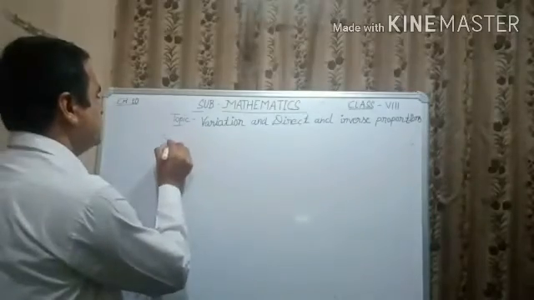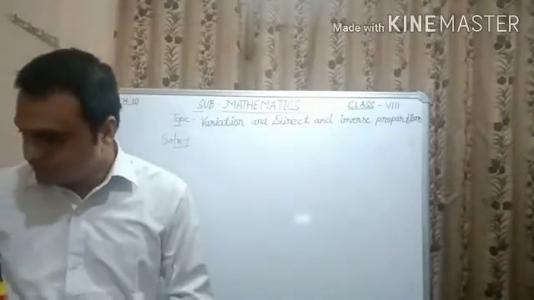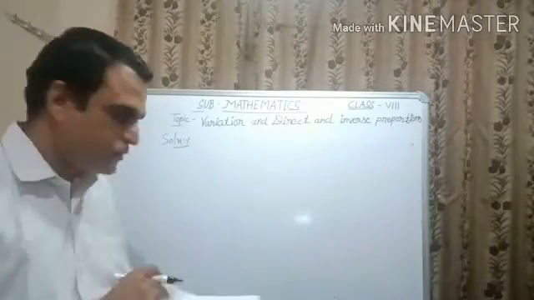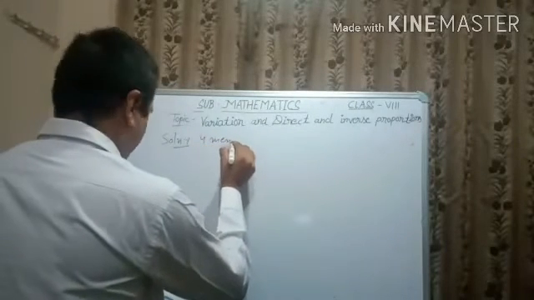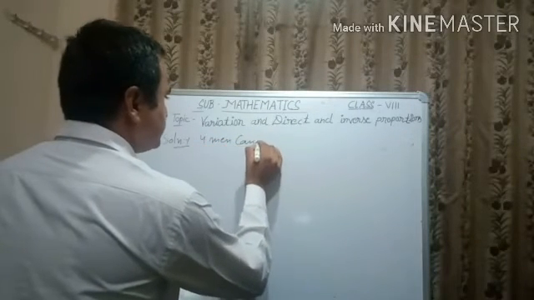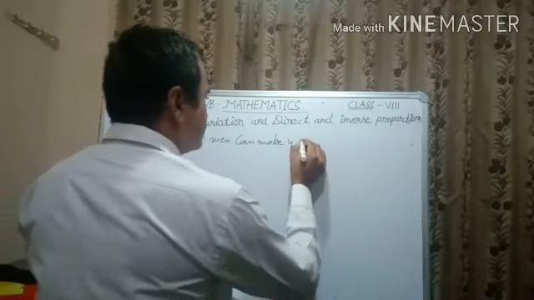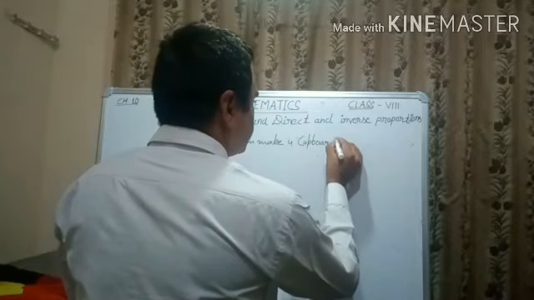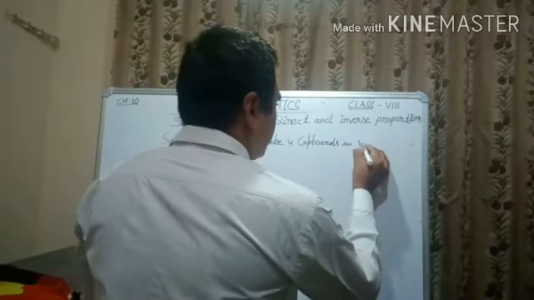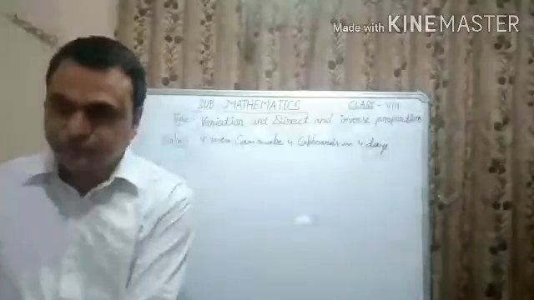Question number 1. First I write the data given in this question: 4 men can make 4 cupboards in 4 days. Understand?